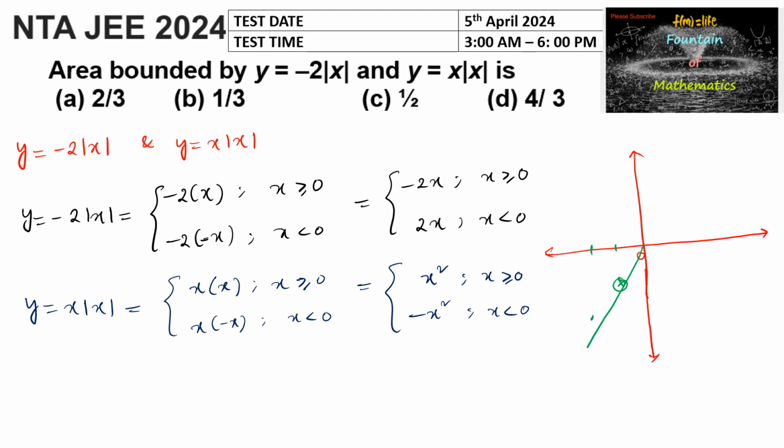Similarly, when x is greater than or equal to 0, when x is equal to plus 1, minus 2 into plus 1 is minus 2, and again when x is equal to 2, we can say negative 4. So you are getting the graph this way. So this is minus 2 mod x.